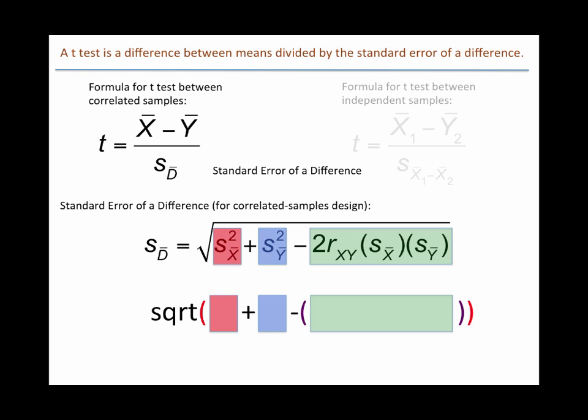Then I have this first part, the pink plus the blue. Then I'm going to subtract from that this piece in green. And that piece in green, since I have 2 multiplied by R multiplied by the 2 standard error of the means, I'm going to need to put all of that in its own set of parentheses. All right, let's go to Excel and do it.